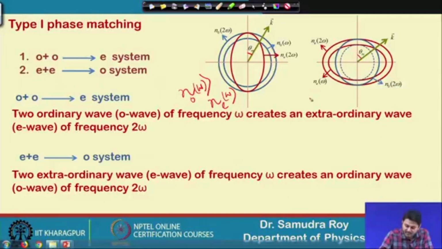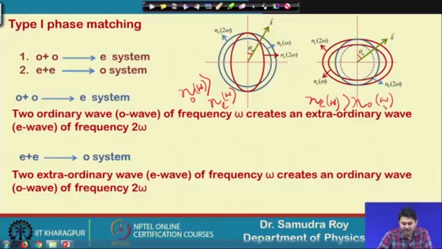For this system, the refractive index of the extraordinary wave is greater than the refractive index of the ordinary wave at frequency omega. So, when these two conditions are there, we have two different kinds of system, but in both cases we generate the second harmonic waves and are able to find the angle at which this is possible, and it falls under type 1 phase matching.